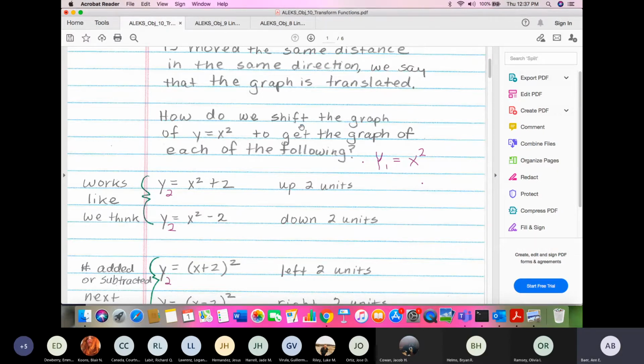So how do we shift the graph of y equals x squared to get the graph of each of the following? In y1, I want to just put x squared. So I'm going to do x, mountain peak, 2. You want to definitely be in y equals to do that, or else it'll end up on the home screen in all likelihood.